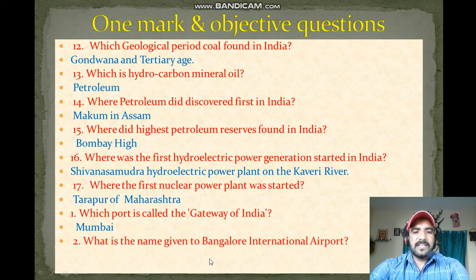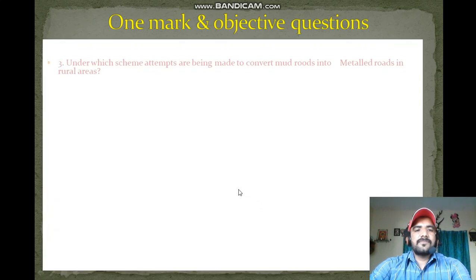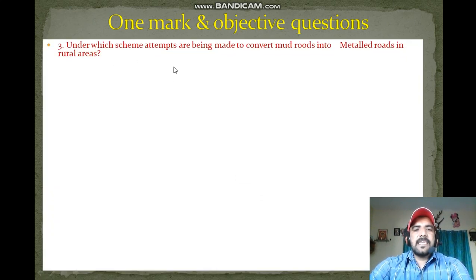Next one, what is the name given to Bangalore International Airport? That is Kempegowda International Airport. Next question, under which scheme are attempts being made to convert mud roads into metal roads in rural areas? The scheme is Grama Sadak Yojana.